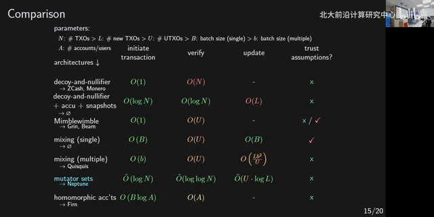And then here for mutator sets, we do have this cost that's linear in U, which is the number of operations in between. No, hang on. U is the number of UTXOs that were confirmed before yours.